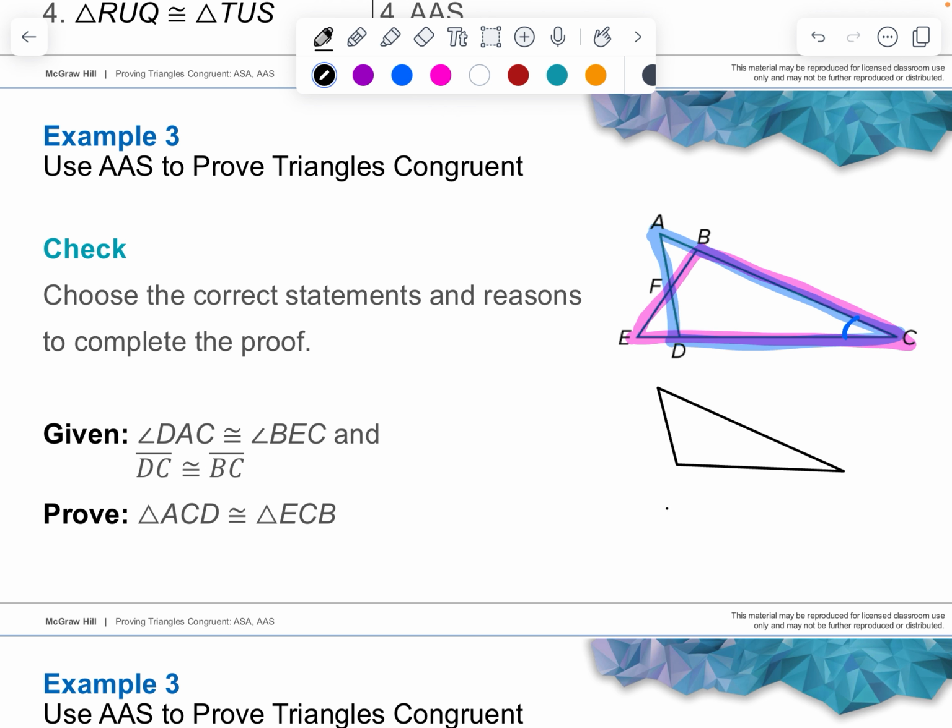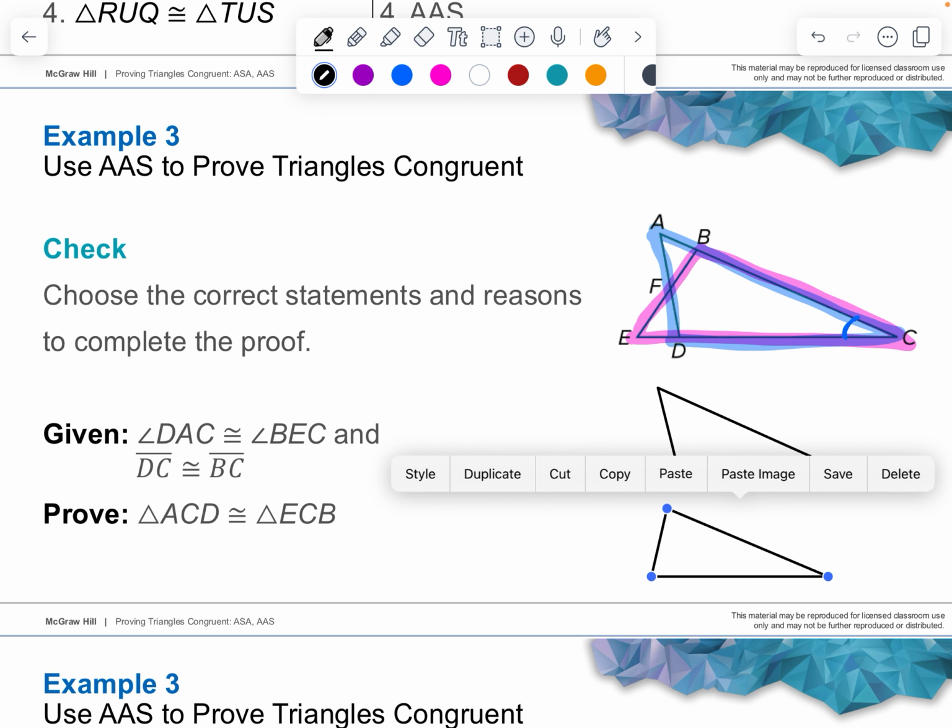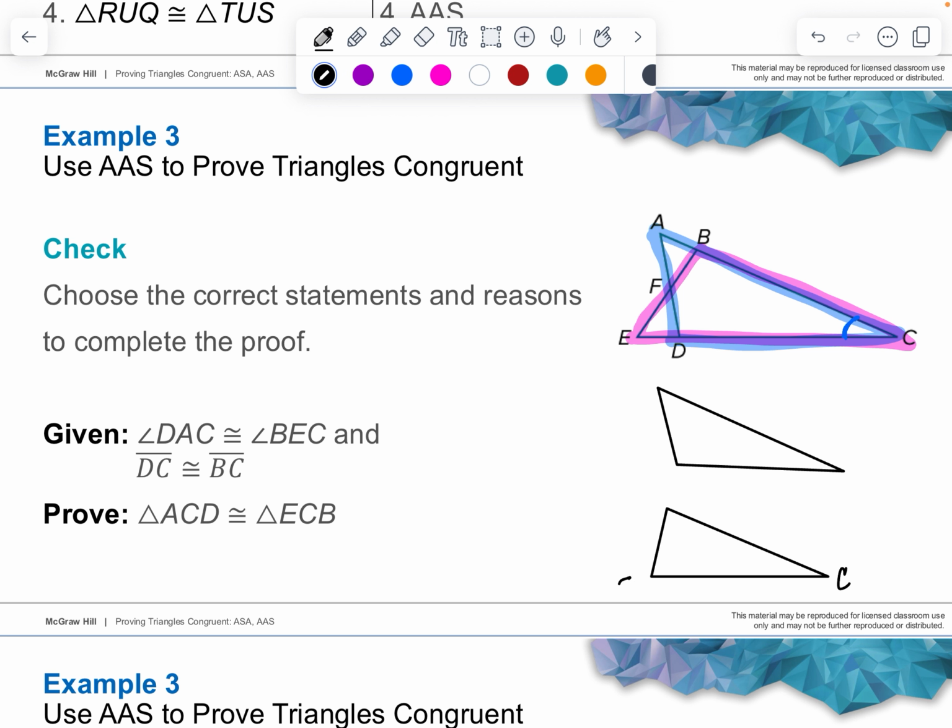Okay, and then, okay, and that you write them out. C, E, A, D. Wait, did I write this wrong? Yep, I wrote that wrong. This is supposed to be B. B, C. And that you write out what's equal.